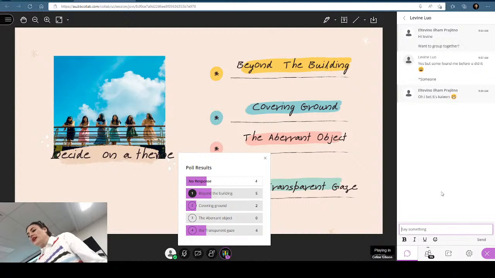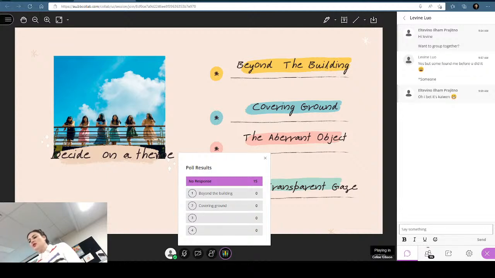Beyond the building and covering ground. I know covering ground has only got 2 votes here, but there's 3 people in the classroom who want to do covering ground, so that equals 5. So it's between beyond the building and covering ground. Let me run that as a quick poll. Okay, between these 2, which one do you want to do? Beyond the building or covering ground? Vote again, and whichever one wins, wins.